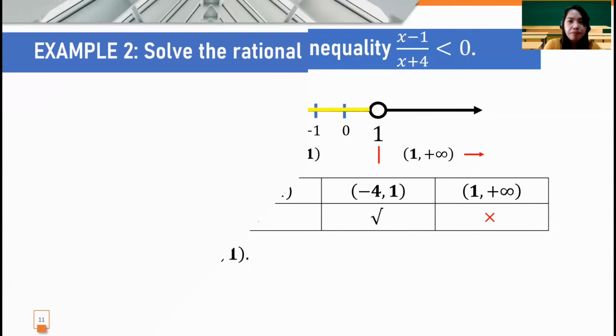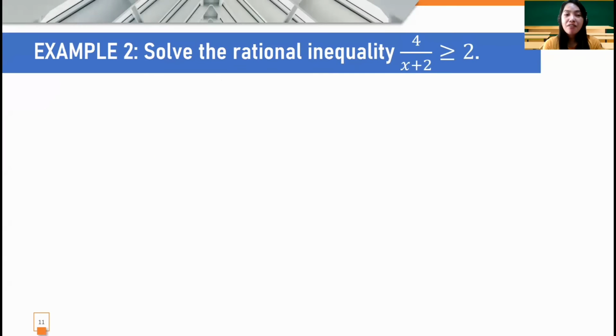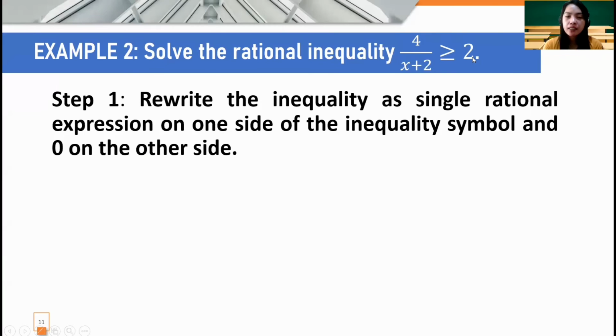Let's have example number 2. Solve the rational inequality 4 over x plus 2 greater than or equal to 2. Step 1. We're going to make the left side of the inequality a single term and the right side of the inequality 0.